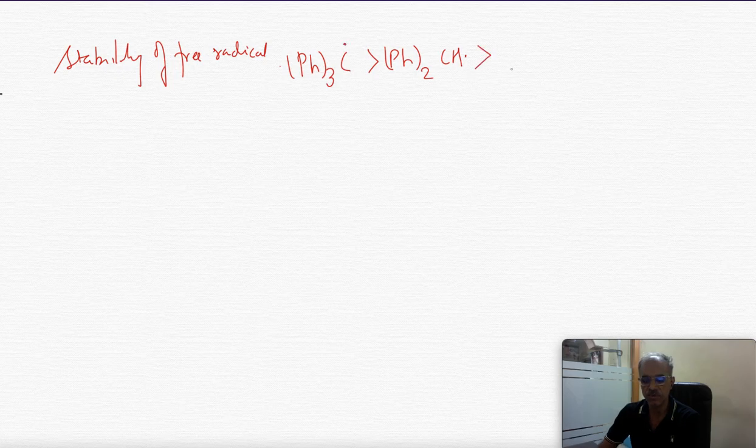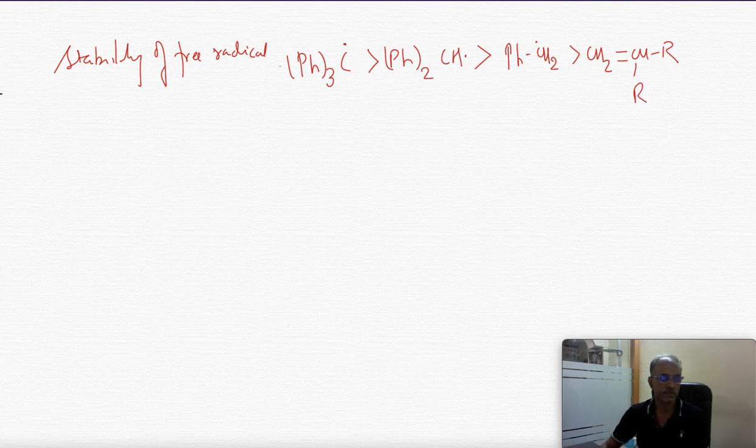That means it wants more electron, with the center to give electron to that carbon atom so that it can become stable. Similarly, tertiary, secondary, and primary. Fine?